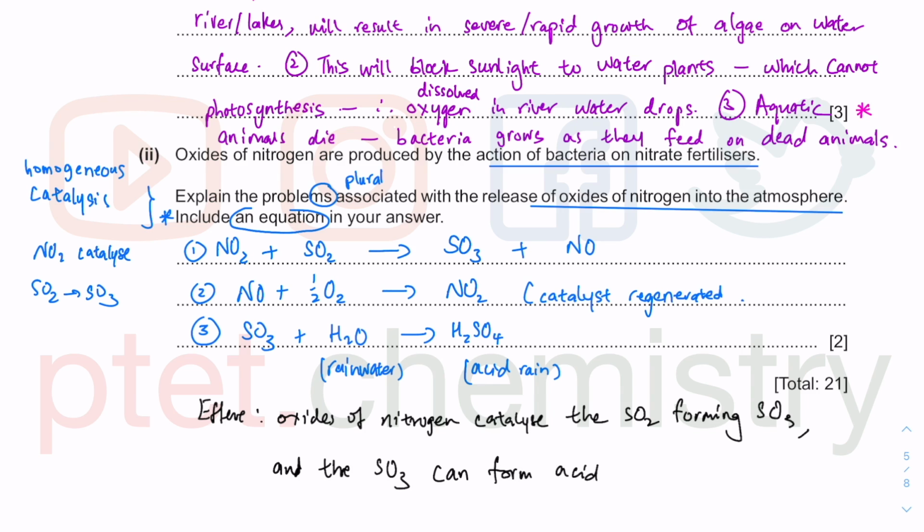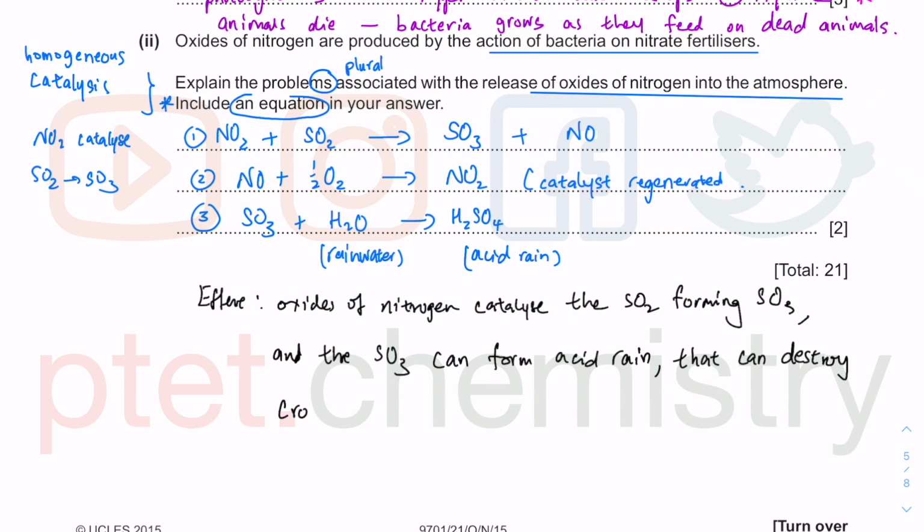This acid rain can destroy limestone buildings, can destroy crops, and obviously can make river water really acidic as well and kill some river animals. So that's it really. The equation is probably worth 1 mark.